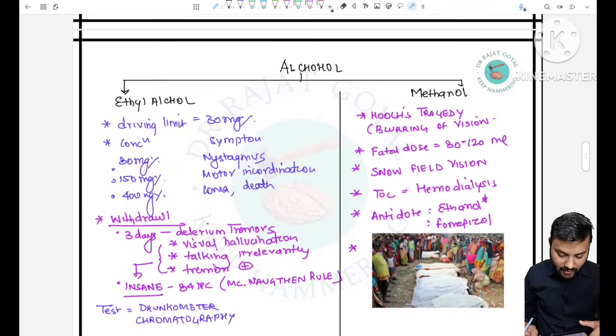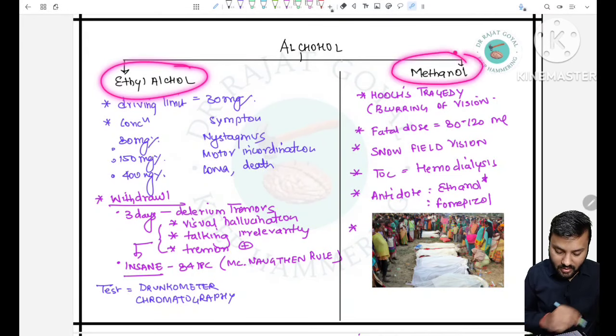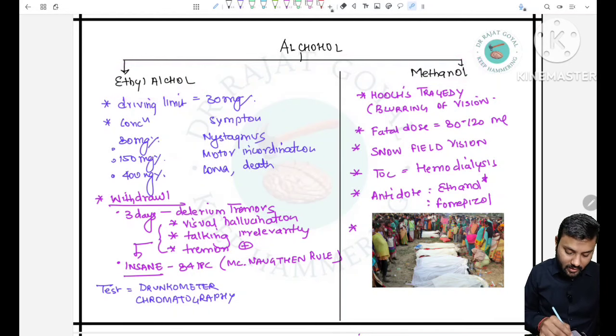Now we will talk about alcohol. In alcohol, we have to study two alcohols mainly, ethanol and methanol. Ethyl alcohol or ethanol, and methanol, which is methyl alcohol.